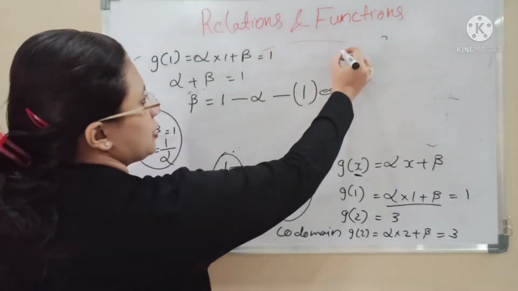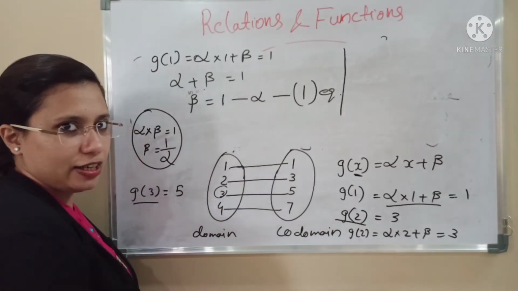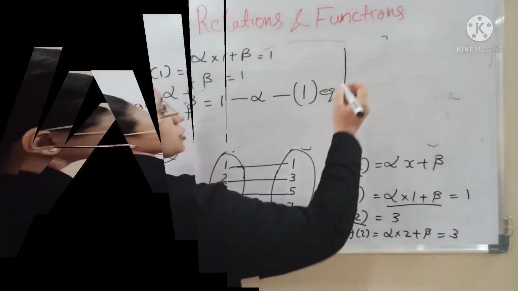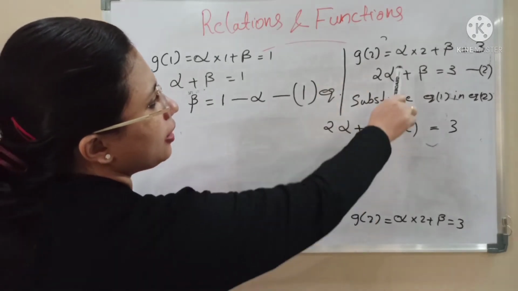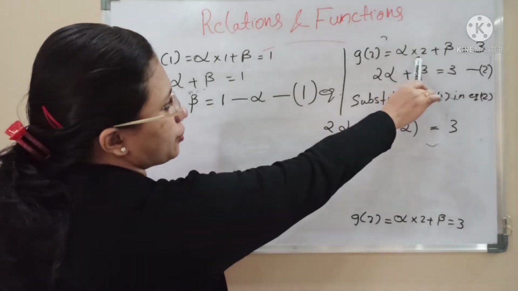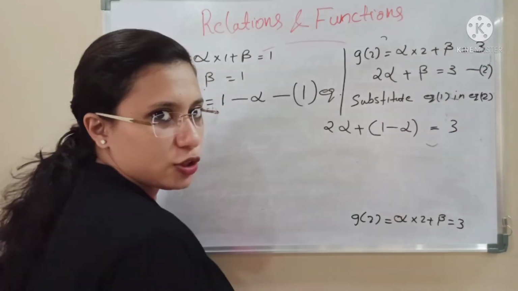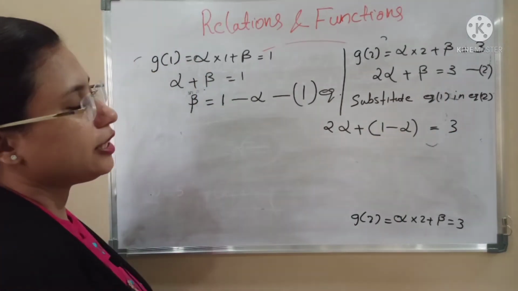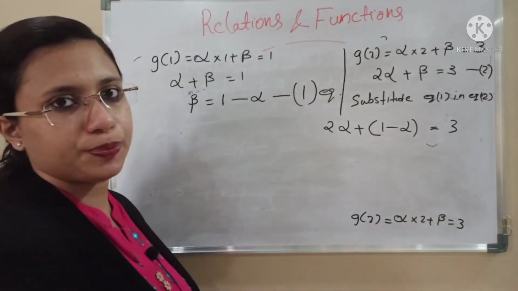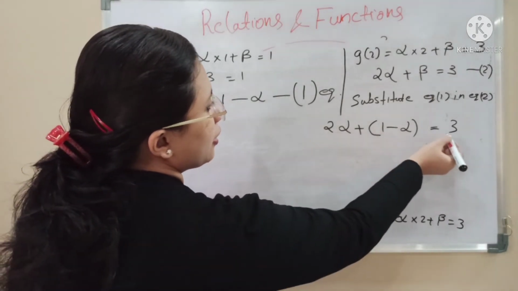Then the next equation we get from G of 2. We can take any of them, G of 3, G of 4, anything. I am just taking the first two. So G of 2 is alpha times 2 plus beta equals 3, so 2 alpha plus beta equals 3, that is equation 2. Now substitute equation 1 in equation 2. In place of beta we have 1 minus alpha, so 2 alpha plus (1 minus alpha) equals 3.